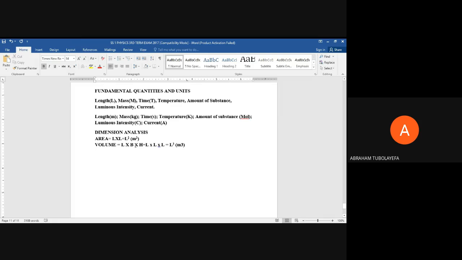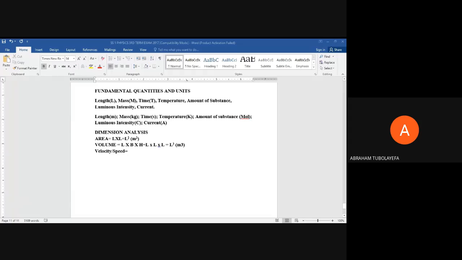Okay, let's take another one. Let's take velocity or speed. What's the formula for velocity or speed? You don't know the formula?